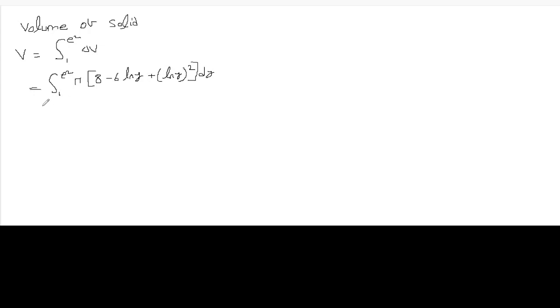We can find the value of the integration after separating each of the terms. So V can be written as pi. We can take the constant terms outside as well. So pi 1 to e square 8 dy minus pi 1 to e square 6 ln y dy plus 1 to e square, here there will also be a pi, ln y the whole square.